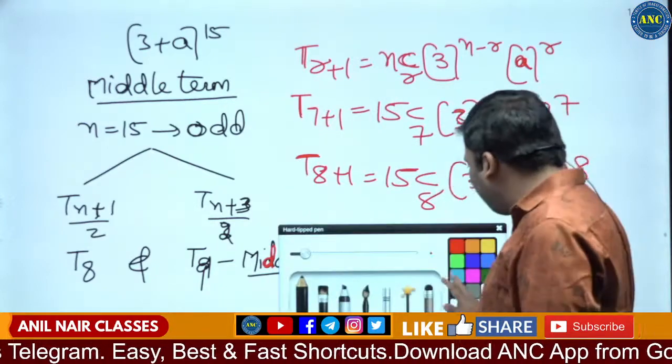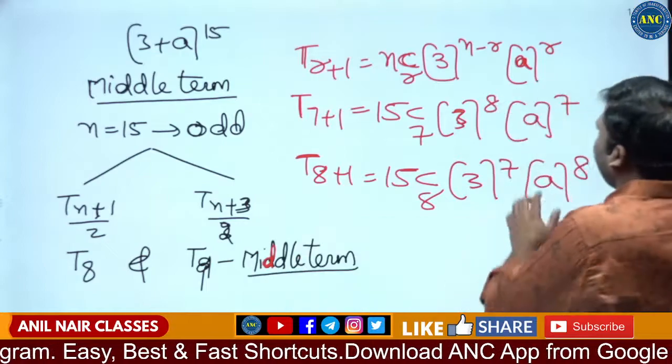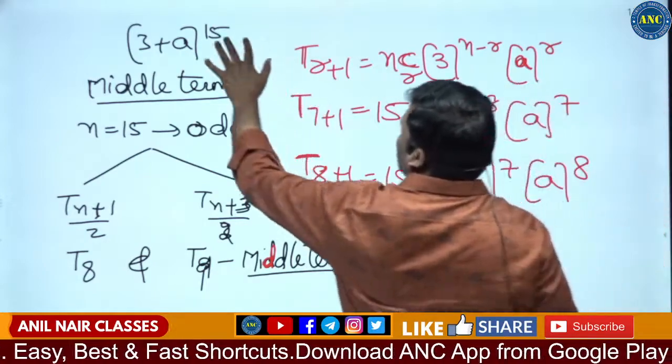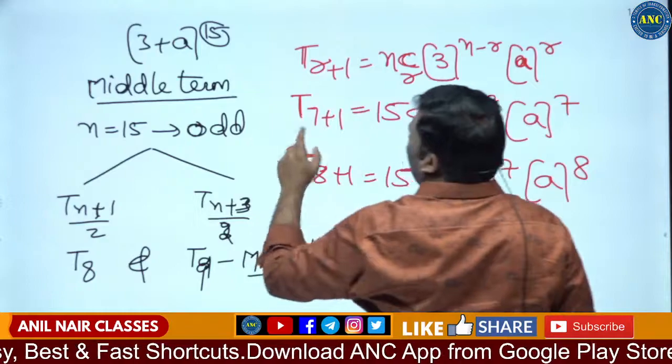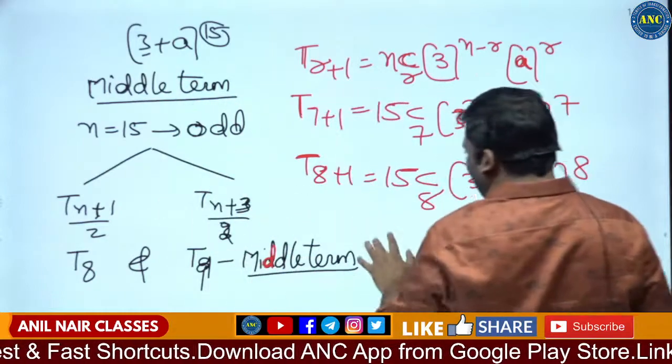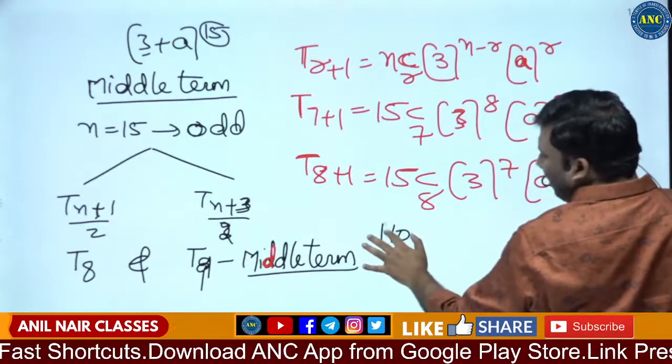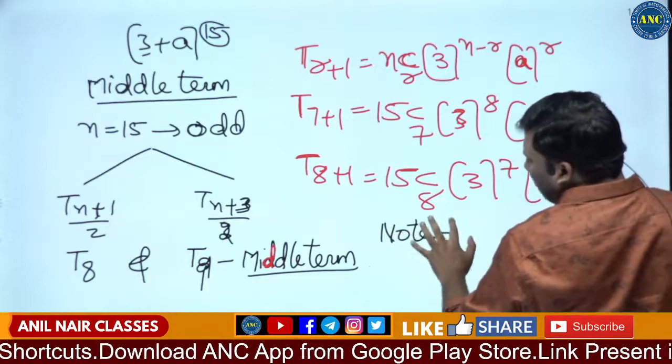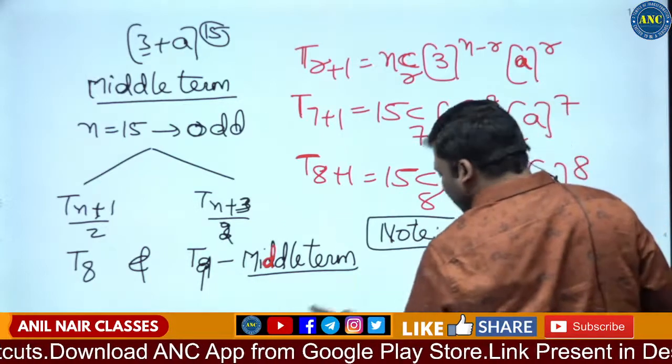One important observation. See here. If it is 15, what is the power of the first term I am getting? Note. If you understand this note, then the concepts will be very clear to you.